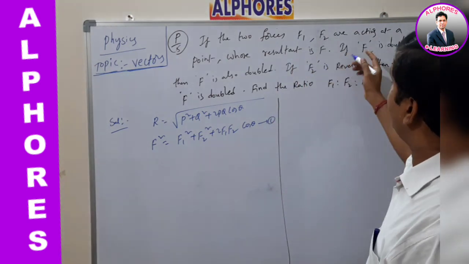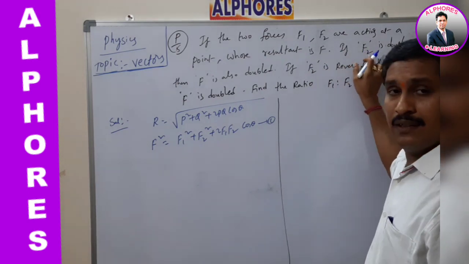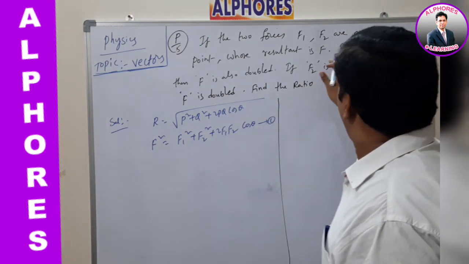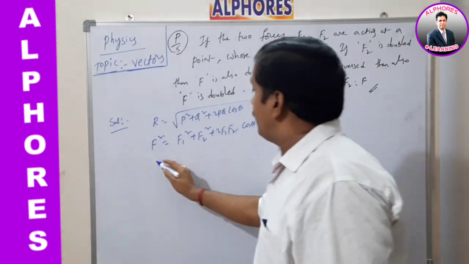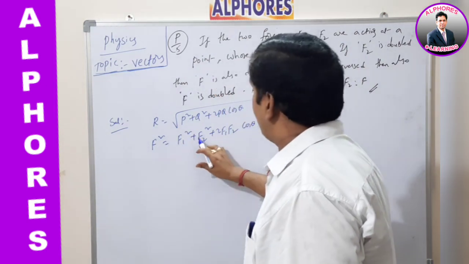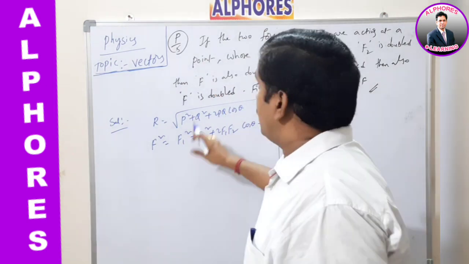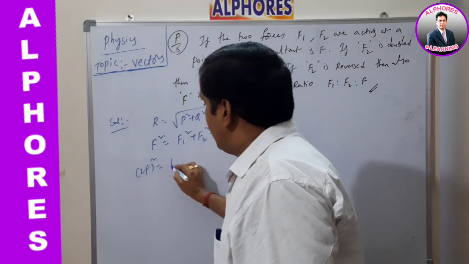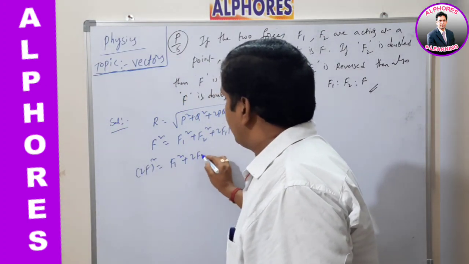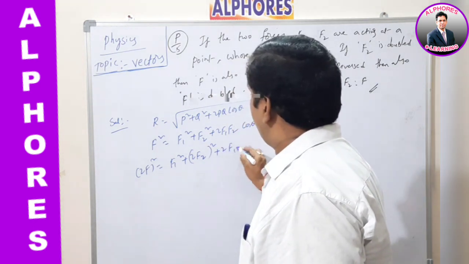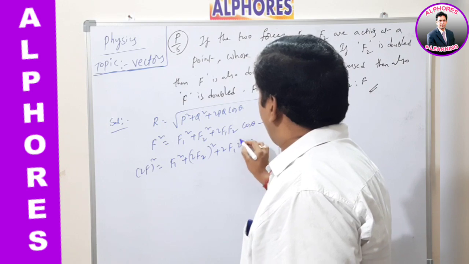Now what is the second condition? If F2 is doubled, F is also doubled. Listen carefully, F2 is doubled, F is also doubled. In this equation we have to substitute: 2F whole square is equal to F1 square plus 2F2 whole square plus again 2 into F1 into 2F2 into cos theta.